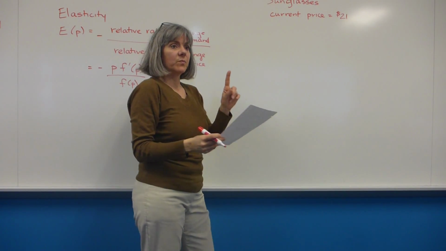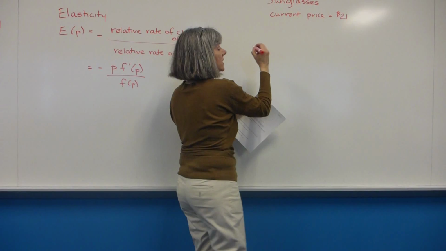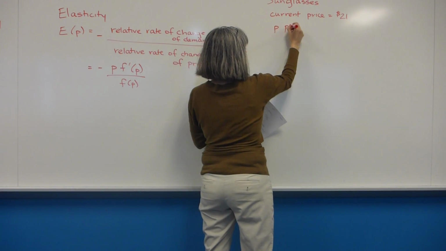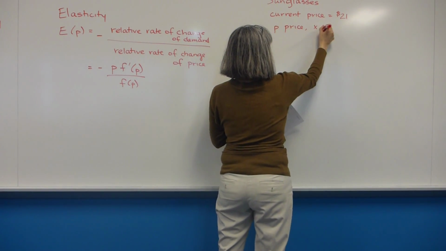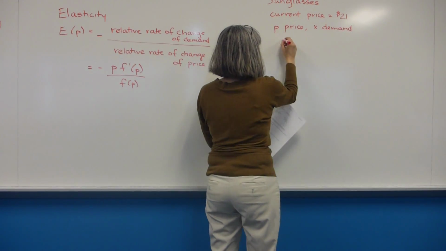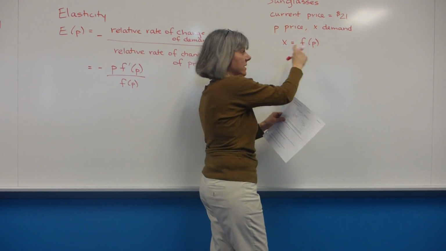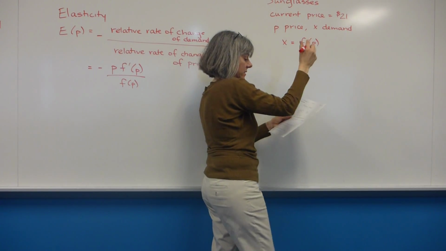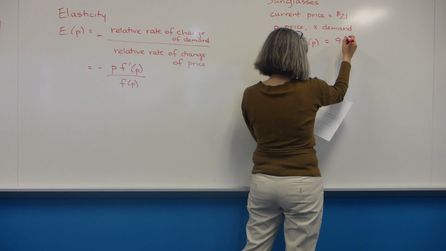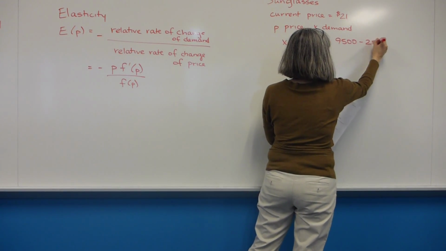Okay, price is P, demand is X. That's pretty much always, right? Little p is price and X is demand. And I know they are related this way. X equals some function of price, so they are connected. The demand is connected to the price, and it's equal to 9,500 minus 250p.